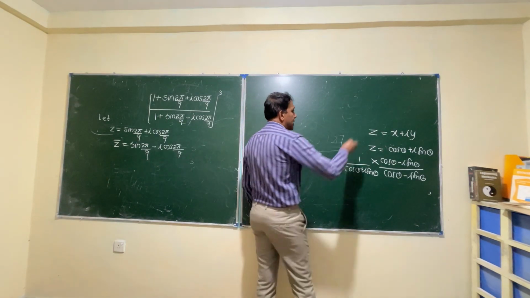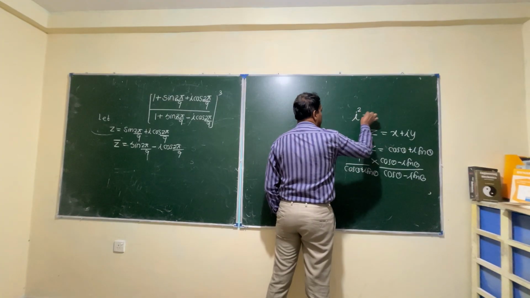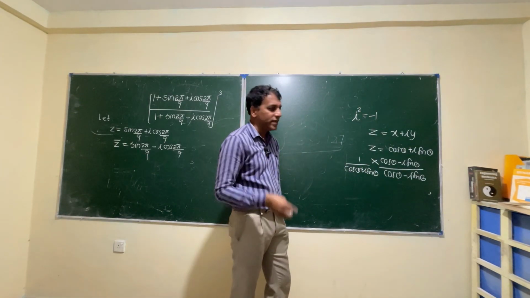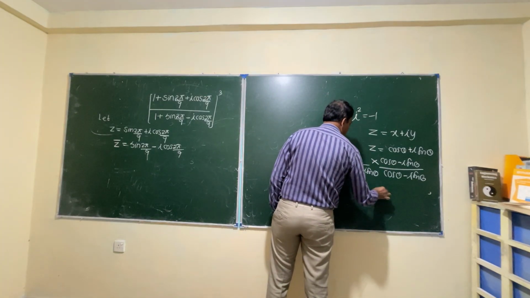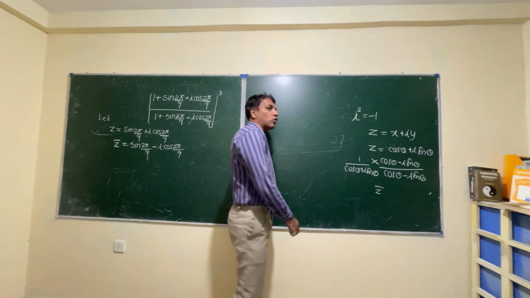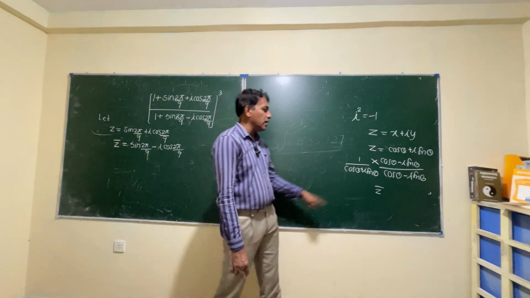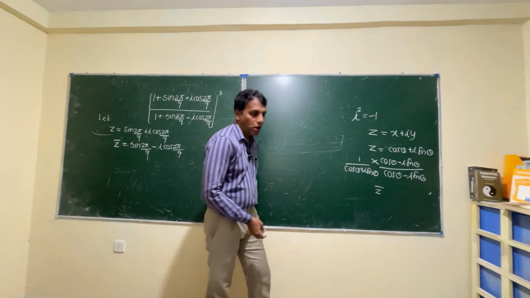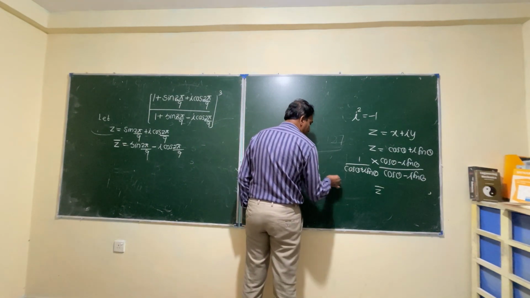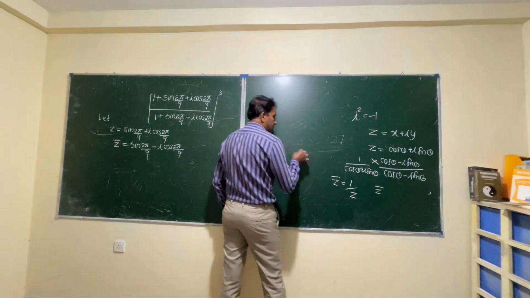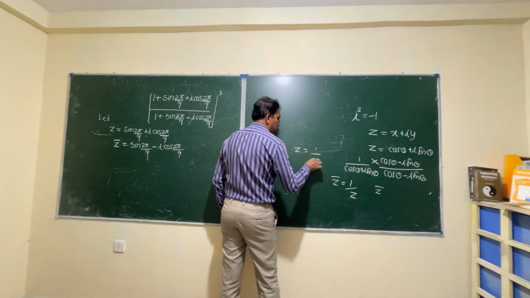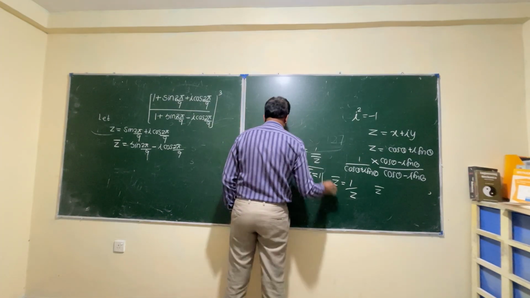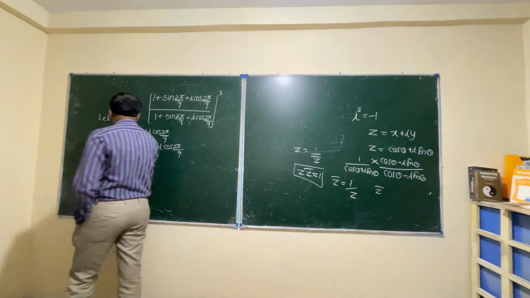So i square is minus 1. Multiplying the denominator, cos square plus sin square is 1, therefore the numerator is z bar. So 1 over cos theta plus i sin theta is z bar, or otherwise z bar equals 1 over z, and z equals 1 over z bar. These are small rules of complex numbers, so note them all.